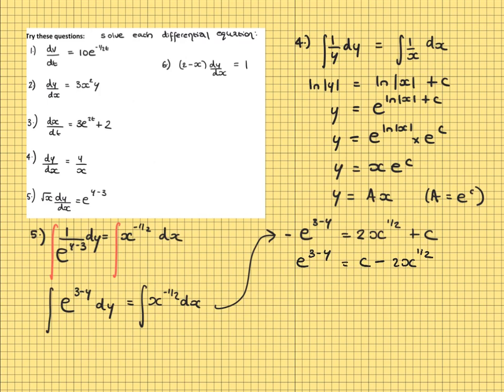And again, the constant we're using is just the negative of the previous constant, but for simplicity I'm going to write it like this. Then take natural logs of both sides, so ln mod c minus 2x to the half on the right hand side, and this then simplifies to y equals 3 subtract ln of mod constant take away 2x to the power of a half.